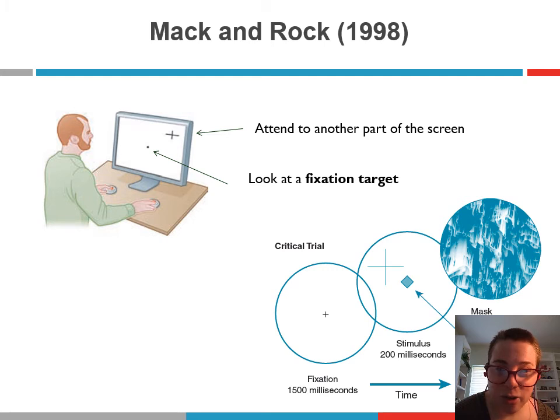So in any given trial, participants will be told to look at a fixation cross, and then while they're looking at the fixation cross, they would also be asked to look on either the right or left hand side of the screen and answer a question.